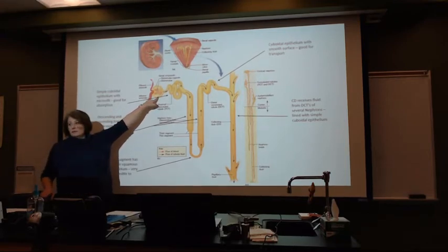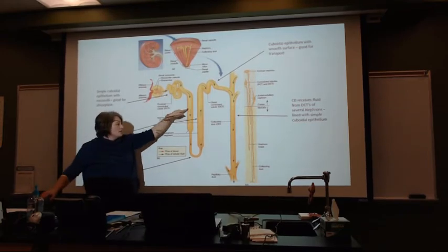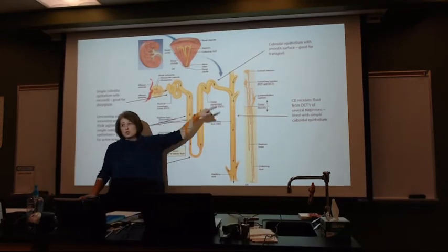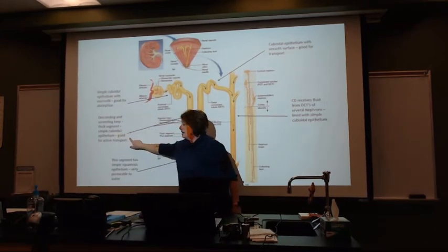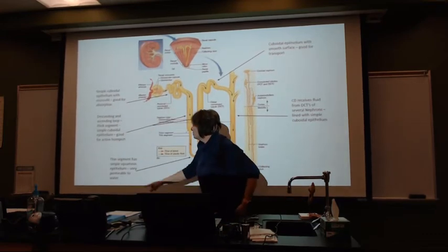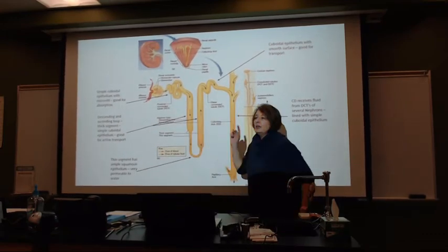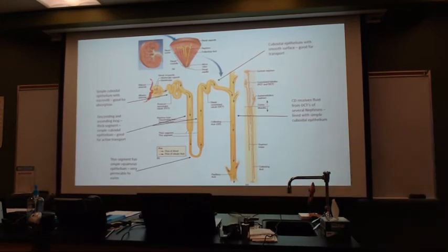The fluid that got formed in this capsule begins to move through this entire tubular structure because of the makeup of the cells. Simple cuboidal, simple cuboidal, simple squamous. Each cell type is very good at allowing materials to move.